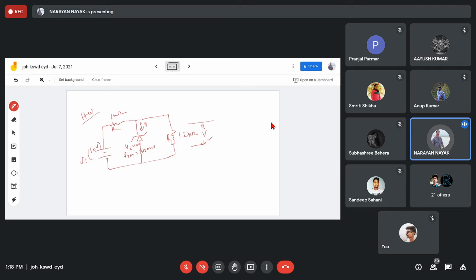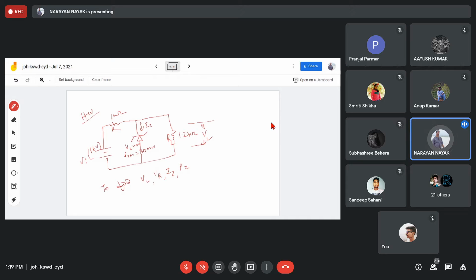And the current is IZ. The question is to find VL, VR, the voltage across the resistor, the voltage across the load, the current IZ, and PZ. PZ means the power across the Zener.